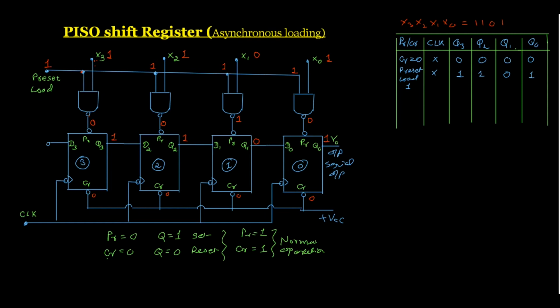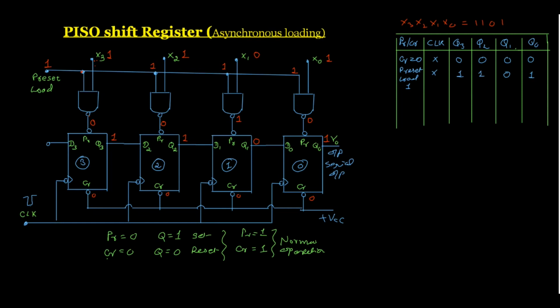Directly your 4-bit data is stored by the flip-flop. Now when we applied the first negative edge of the clock, remember, here we applied a negative edge of this clock.